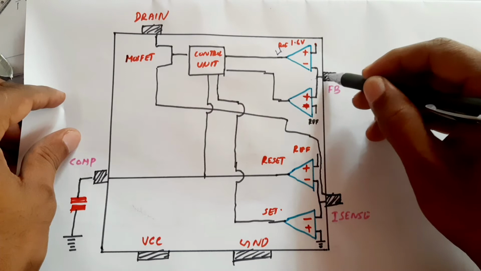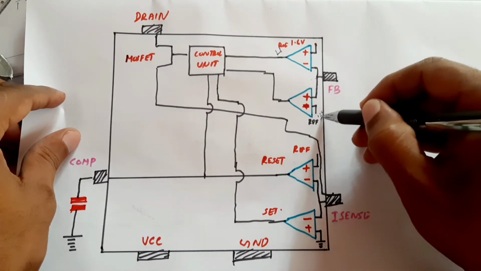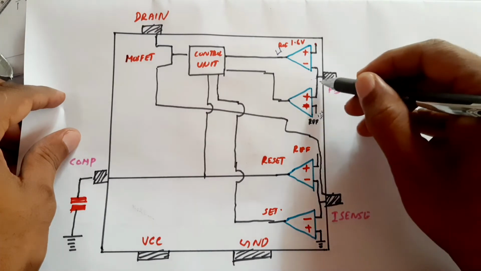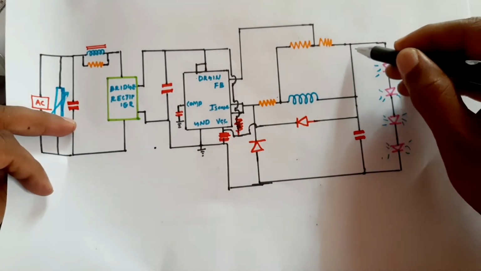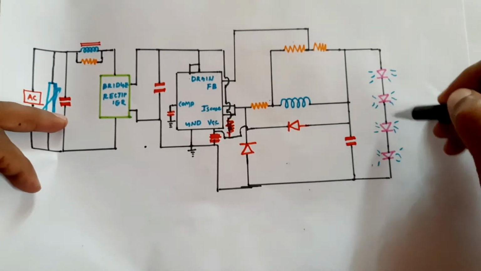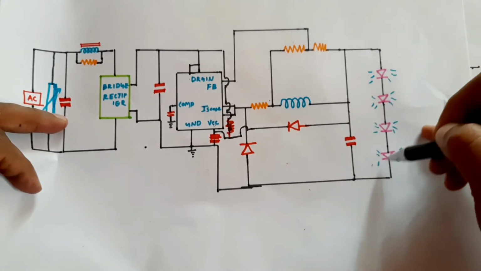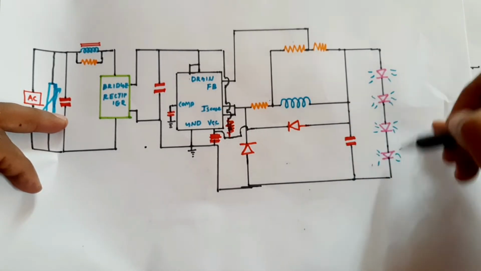And if the feedback voltage is lower than, say, 0.2 volt, the lower point is 0.2 volt, that means a short circuit. If any short circuit happens, all the energy in the capacitor will go through this.